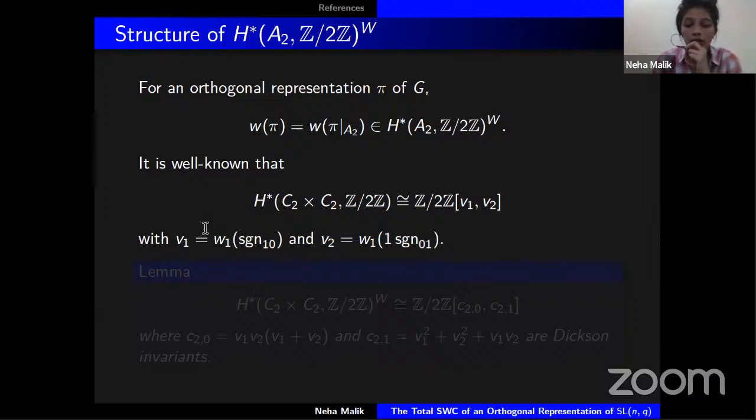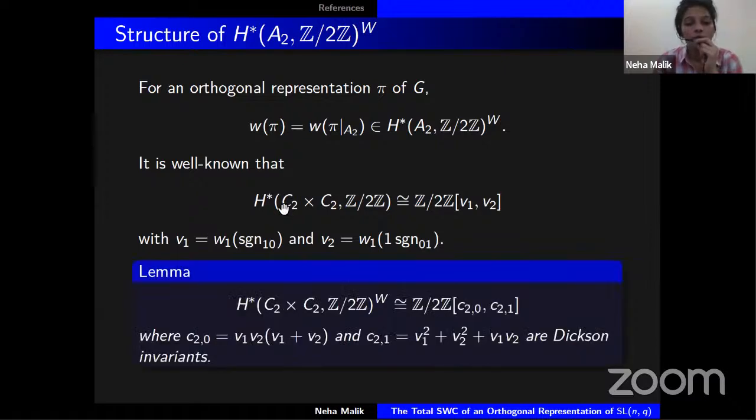Now we can also say what the ring of invariants is under the action of the Weyl group of SL_3(Q) on this ring. One important observation that we made is that the action of this Weyl group, which is isomorphic to S_3 for SL_3(Q), on this cohomology ring is the same as the action of GL_2(F_2) on this polynomial algebra.